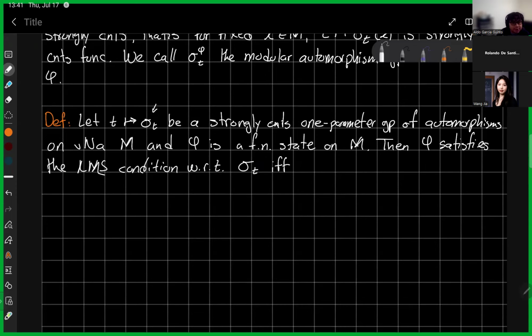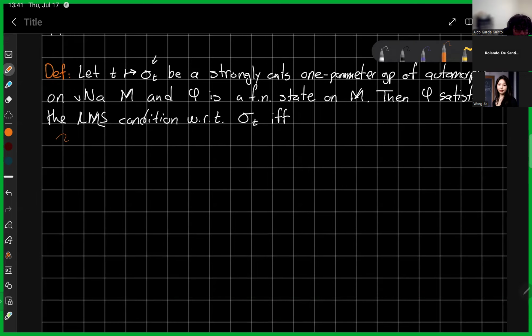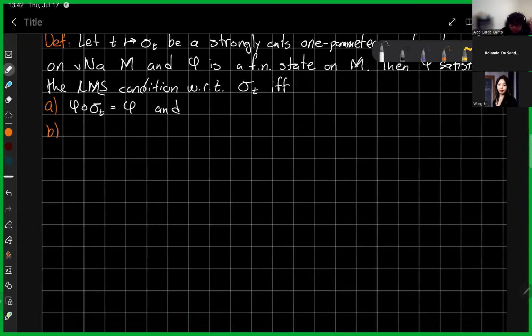So now the KMS condition is the following two. The first one is that phi is invariant under sigma t, and the other condition is the existence of an analytic function.